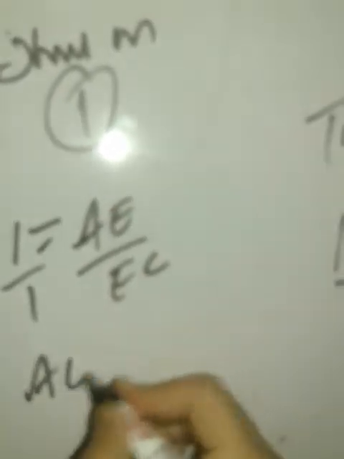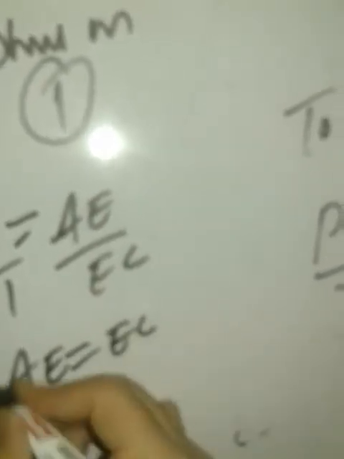Using this in the first equation, AD by DB we got equal to 1. So after using it in the first, we write 1 equals AE by EC. Now taking the cross multiplication, AE equals EC. What does this mean?